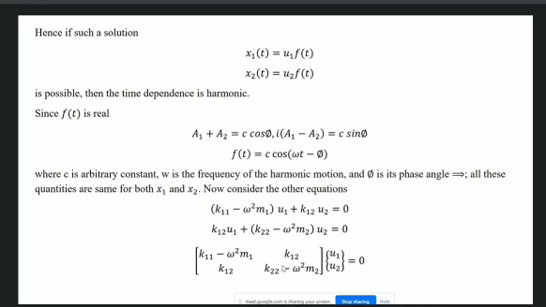So we know that any set of simultaneous equations may have three types of solution. One is a unique solution, one is infinitely many solutions, and another is no solution. Since it is a vibration problem, we want real and at the same time non-zero or non-trivial solutions.